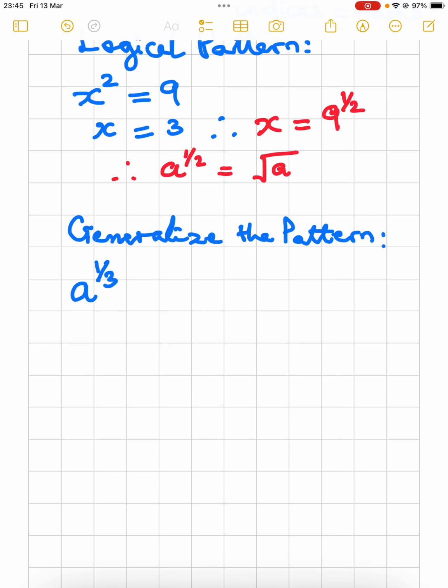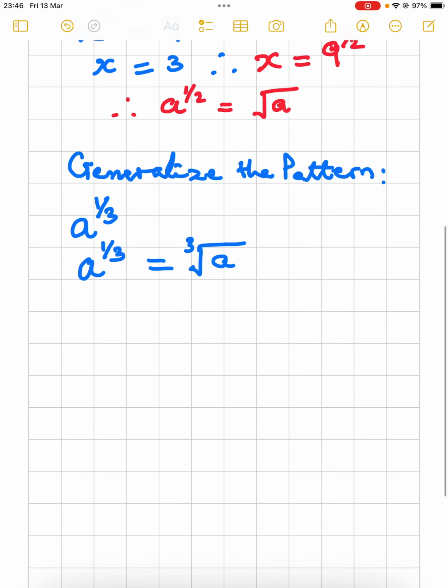What does 1 over 3 mean? It means cube root. So, a raised to power 1 over 3 is equal to cube root of a.